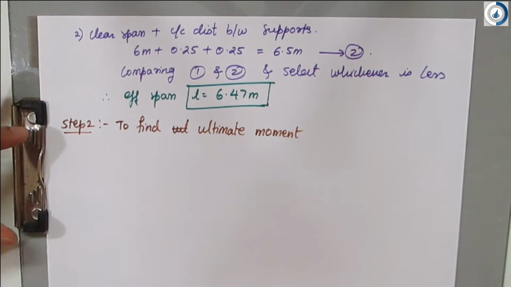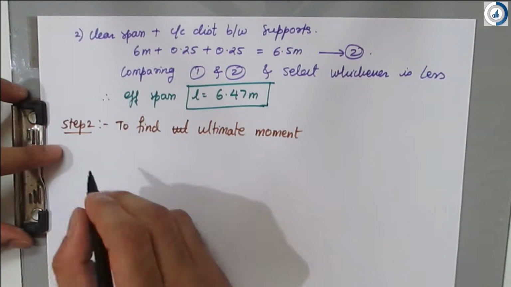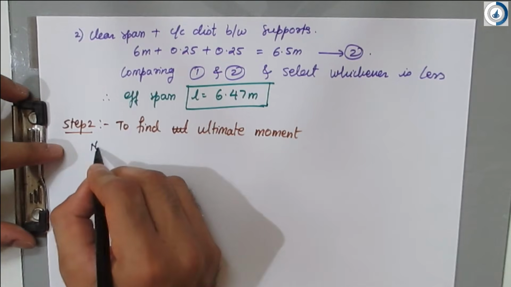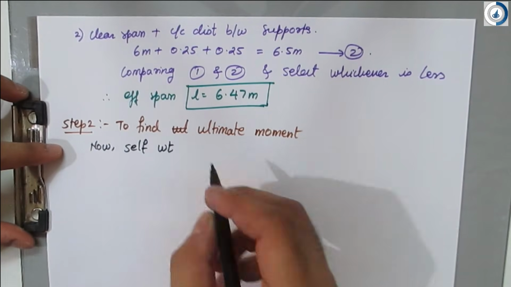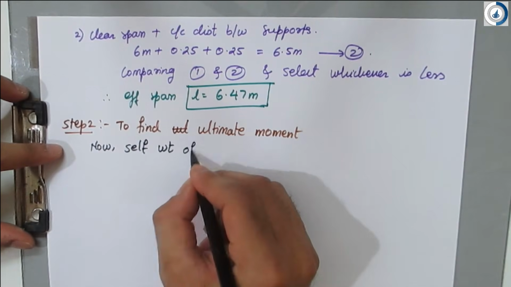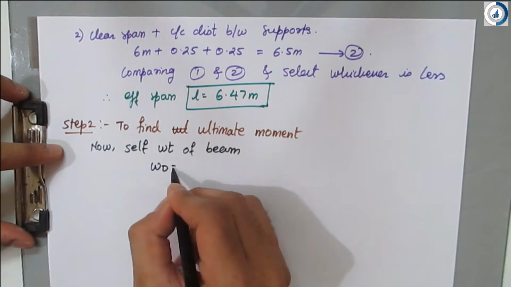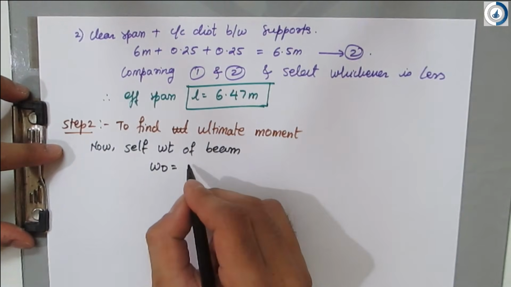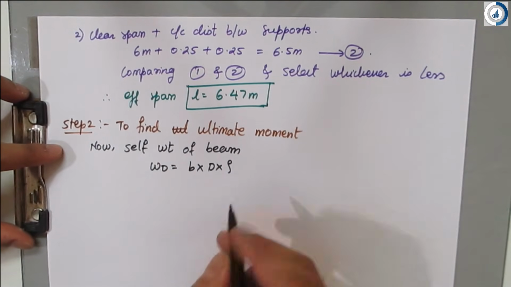Okay. So now for that you have to first find out the dead weight of the beam. Now, self weight or dead weight of beam, so we will denote it as WD. So it is nothing but B, width, into depth into the density of concrete.